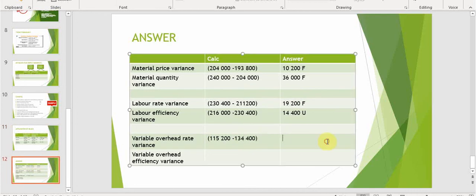That will give me an unfavorable answer, and I'm typing it into my calculator. I get an answer of 19,200 unfavorable. I'm just going to double check, make sure that I don't make finger errors. Yes, 19,200.